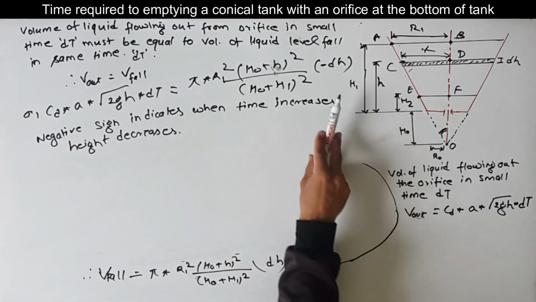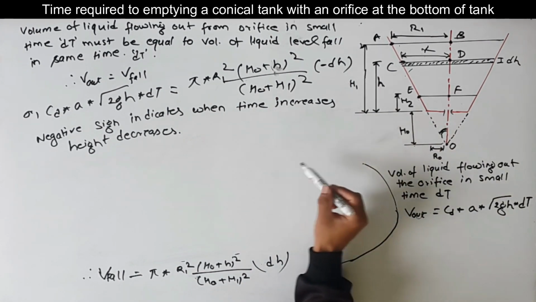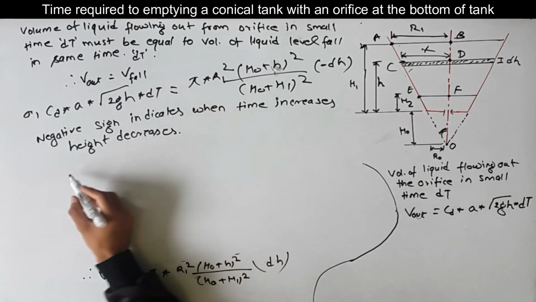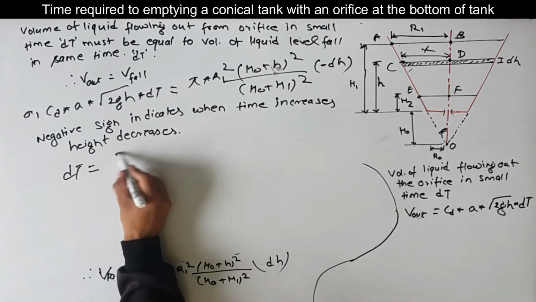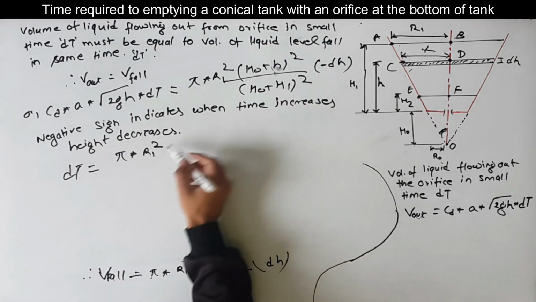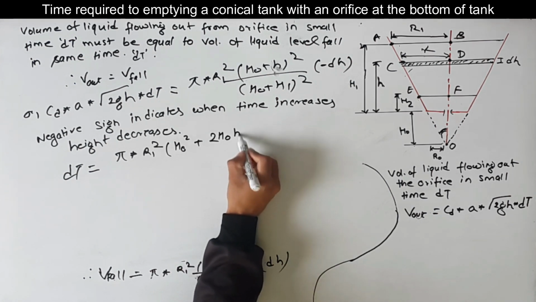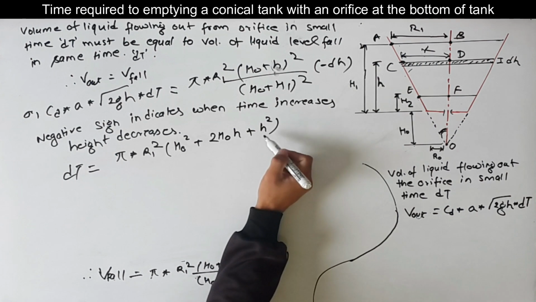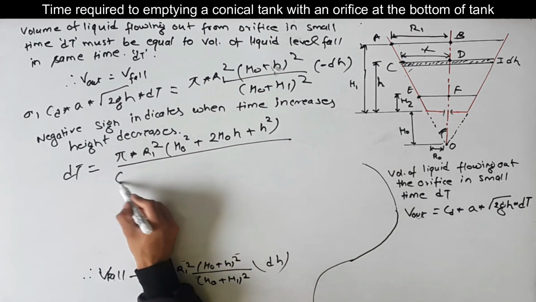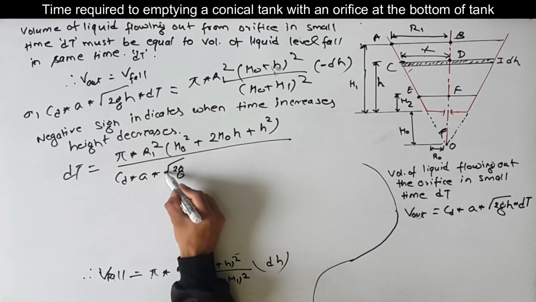We have to find the total time to empty the tank, so we solve this equation for dt. dt is equal to pi into r1 square, and we can expand this: h naught square plus 2 h naught h plus h square, upon CD into A into root under 2g.